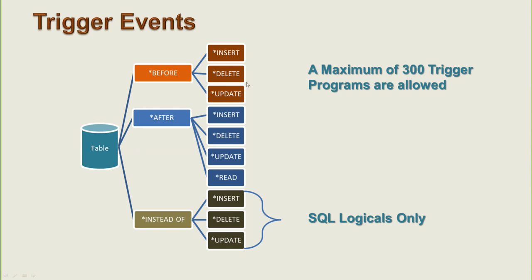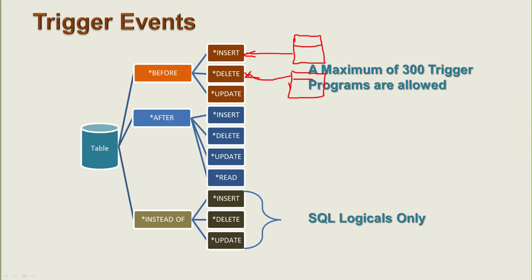So if a program is attached as a before insert there, then before the insert is finalized for the table, control will be passed to the program that is defined for that event. If the event was a delete and there was a program, mouse writing is not my best skill in the world.